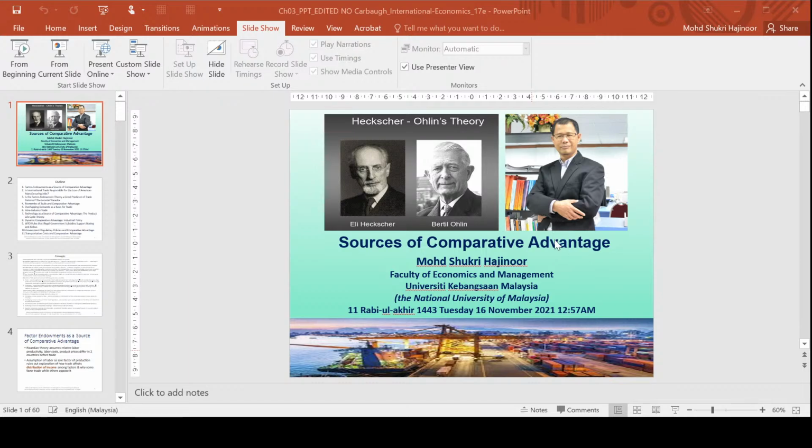So C is the consumption for both countries, for China and the US. From there, we get the trade triangle. The United States produces 15 aircraft and consumes only 9, so 6 is the export of aircraft.